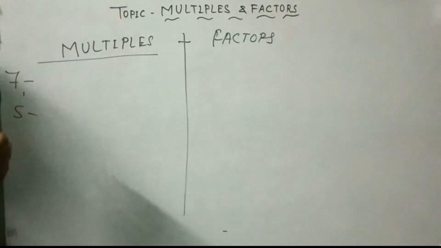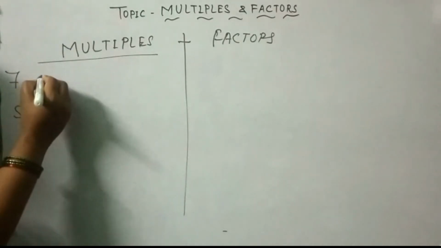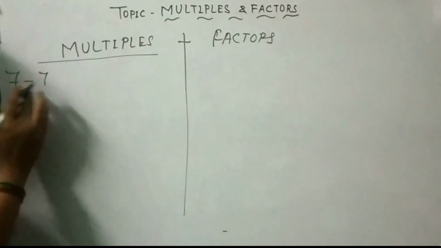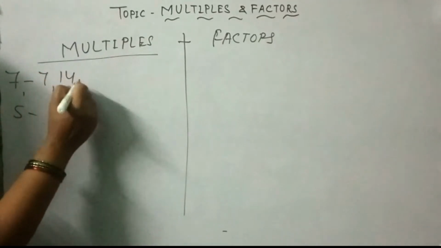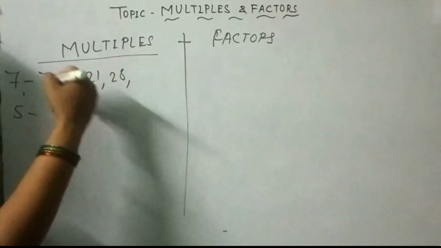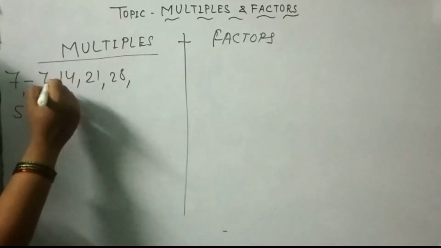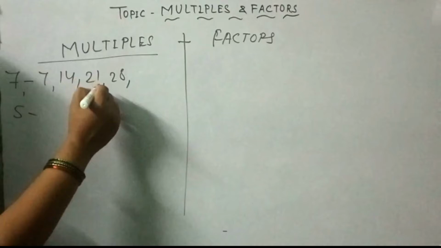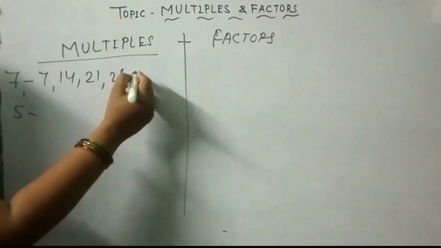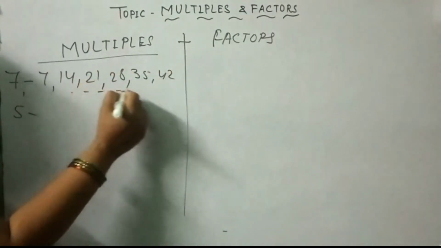So what do you have to do? For multiples, you just have to write the table of 7. That means the multiples of 7 are 7, 14, 21, 28. Just add 7, 7, 7, or you write the table of 7. 7 1s are 7, 7 2s are 14, 21, 28, then 35, 42, like that you have to write all.